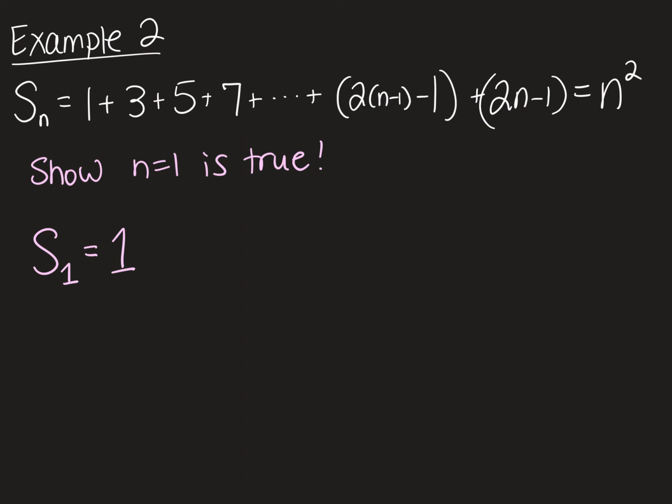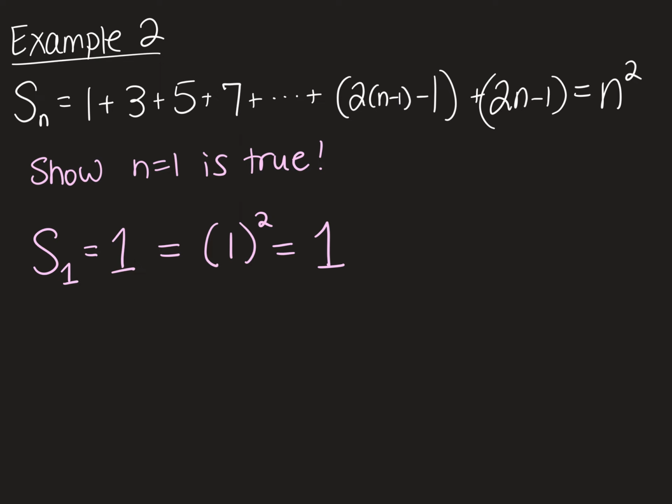That's our sum. But then we have to show that that is equal to 1 squared as well, which is also equal to 1. Okay, I showed that the first term in the sequence being 1 is equal to what I get when I plug 1 into my possible formula. So that's showing that n equals 1 is true.